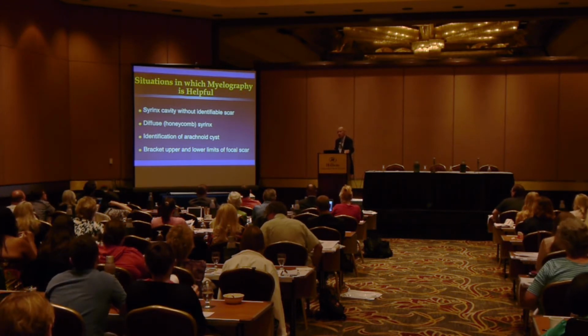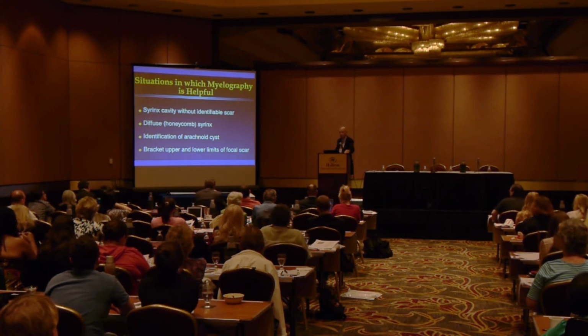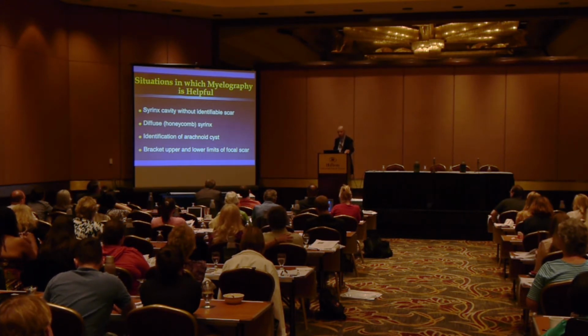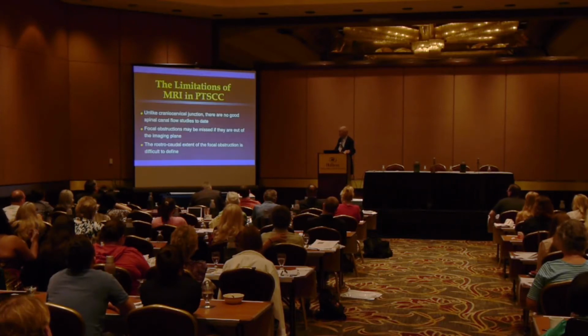Sometimes we think by the appearance of the contour of the spinal cord that there must be a sudden block, or partial block more accurately, to the flow of spinal fluid. And the myelography may also help us to define the exact limits of the bone removal that we have to perform in order to deal with this problem.